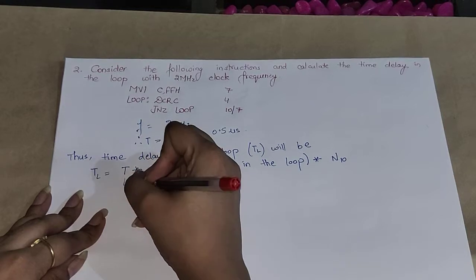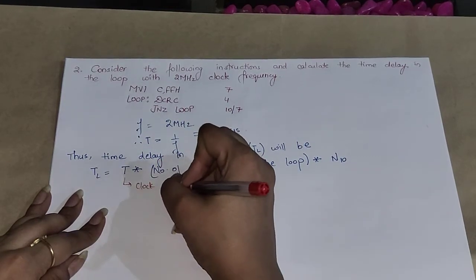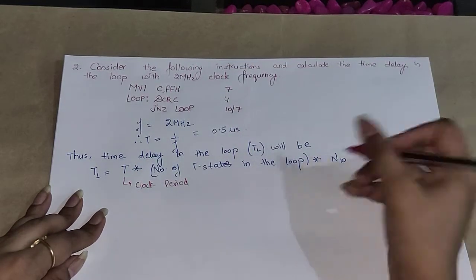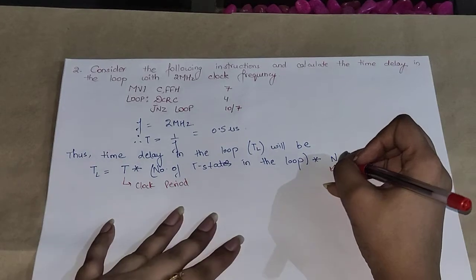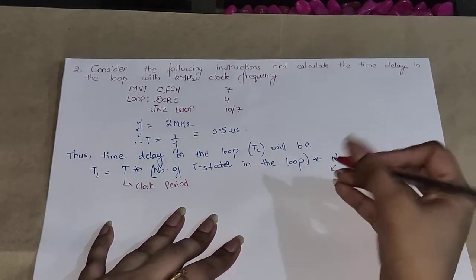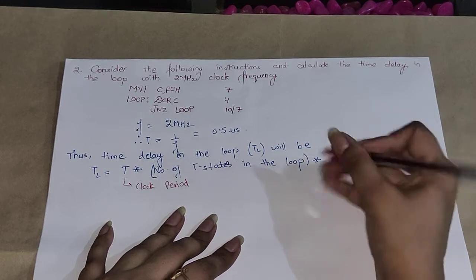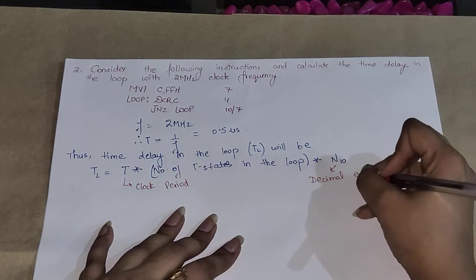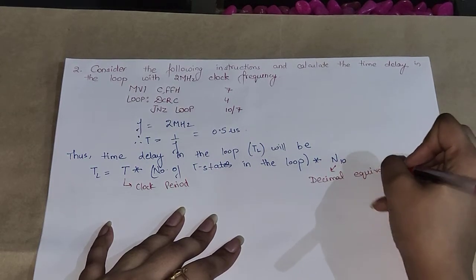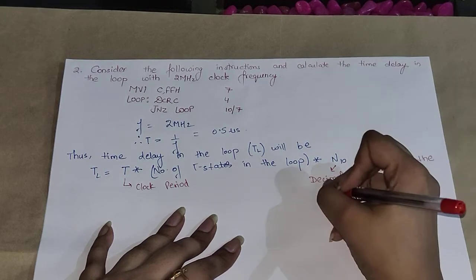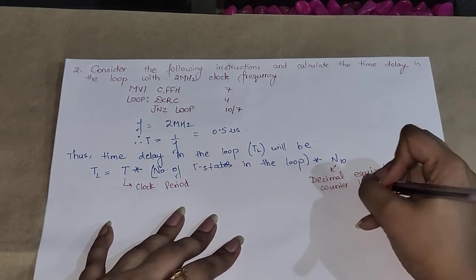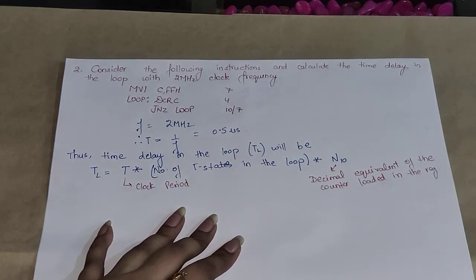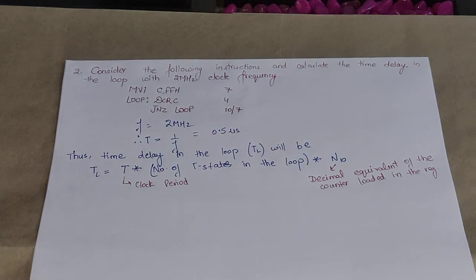The number of T states inside the loop is given to us. And what is N10? N10 means the decimal equivalent of the counter loaded in the register.